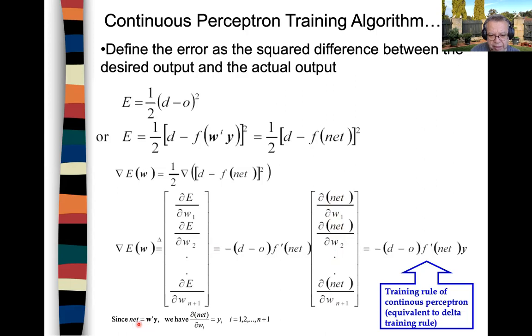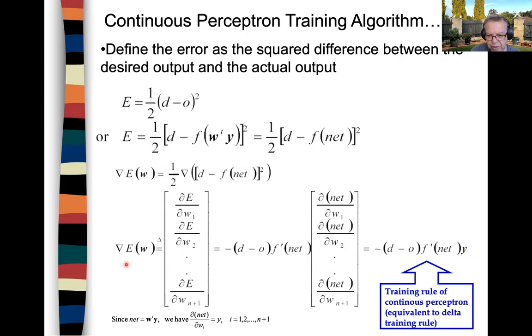Because net equals W transpose y, the derivative of net with respect to Wi equals yi. So we replace this here, this would be y1, this would be y2, and so on. So this vector would be equal to the input pattern y.